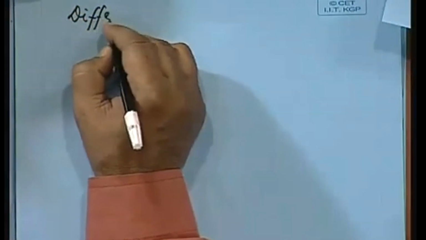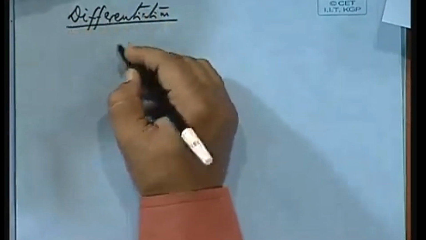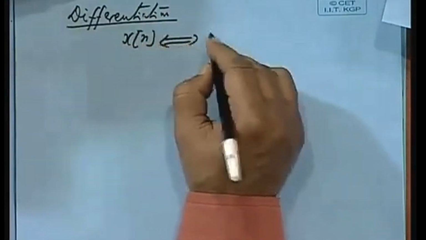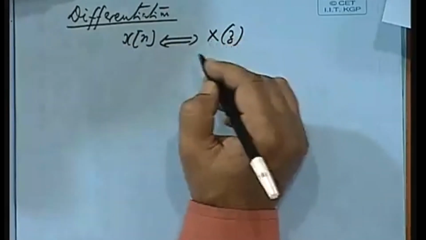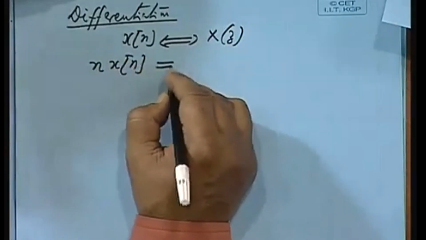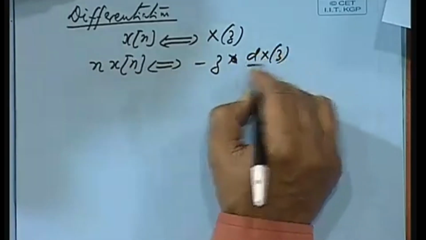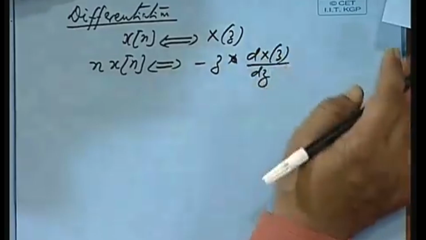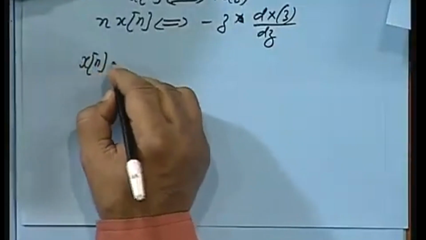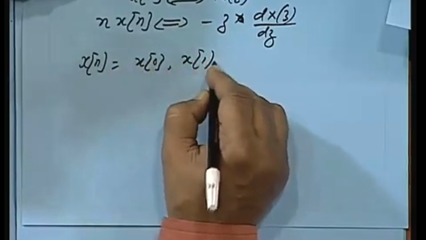Differentiation: x n is paired with x z, then n times x n is minus z dx z by dz. Let us take up this one as an example. x n by definition is a sequence x 0, x 1 and so on.